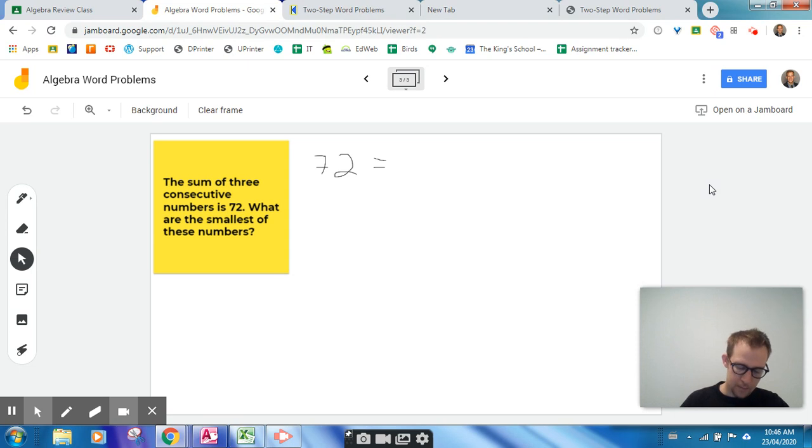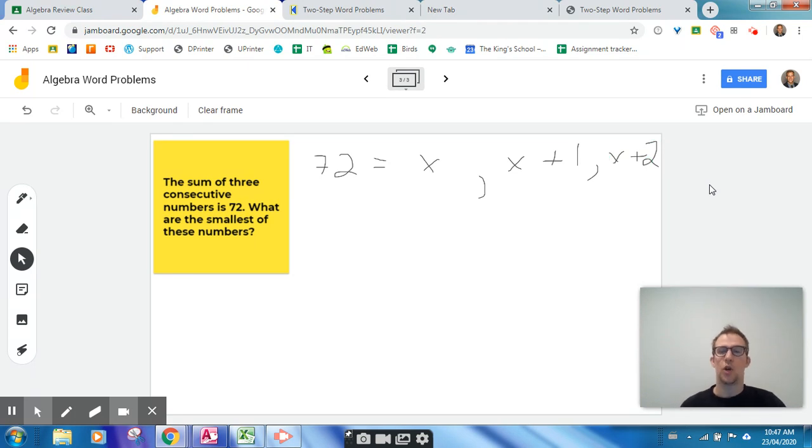So the way we do that is we say that the first number is the smallest number, and it is going to be x. The second number is going to be x plus 1. And the third number is going to be x plus 2. So the first number is this one here. The second number is the first number plus 1. And the third number is the first number plus 2.